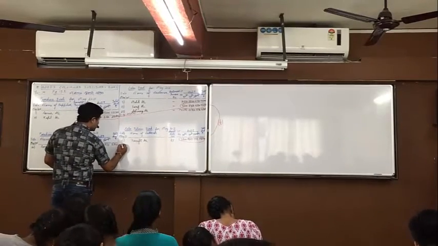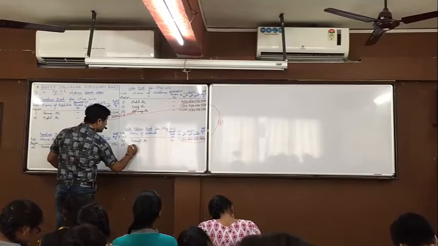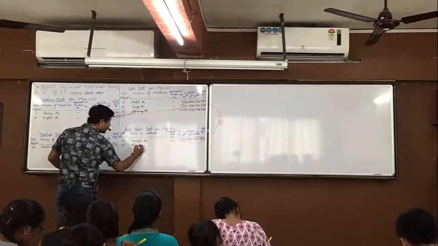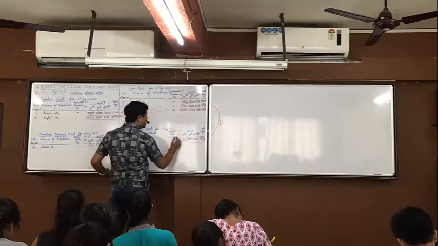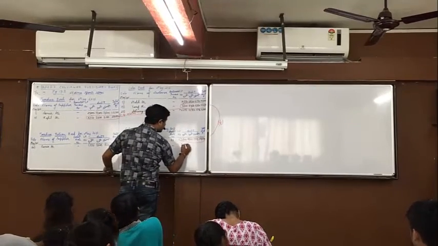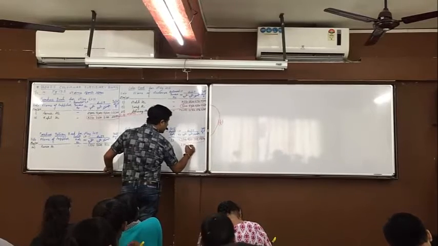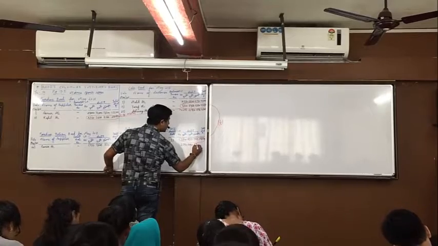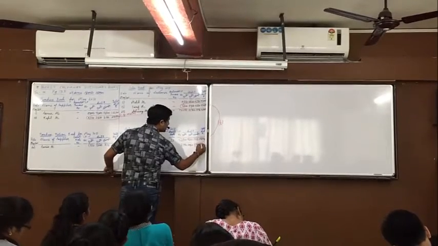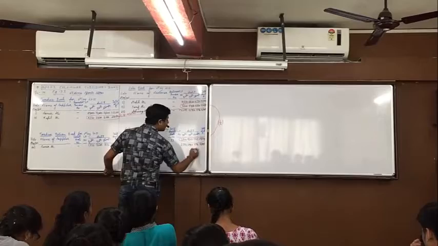So the date is 27. In sales return book, write Sevak account. Credit note number is not given. Balls 2592. Bats 12960. Stumps 1296. Total 16848.